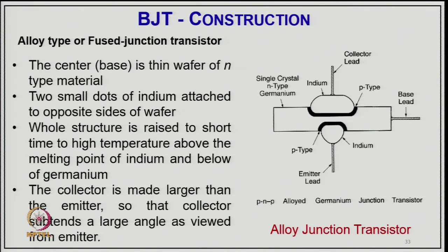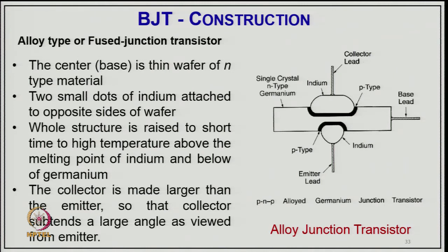The other is the alloy type or fused junction transistor, as you can see here in the photograph. So, the center base here is a thin wafer of N type, and 2 small dots of indium are attached to the 2 opposite sides of the wafer, and the whole structure is raised for a short time to a high temperature above the melting point of the indium and below that of the germanium.